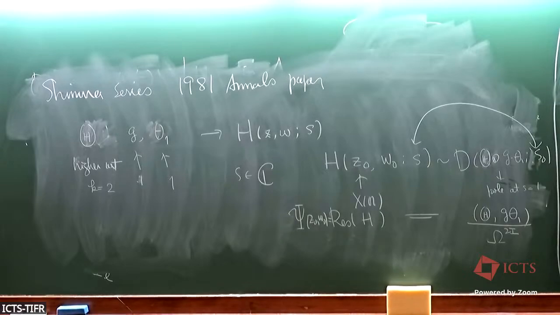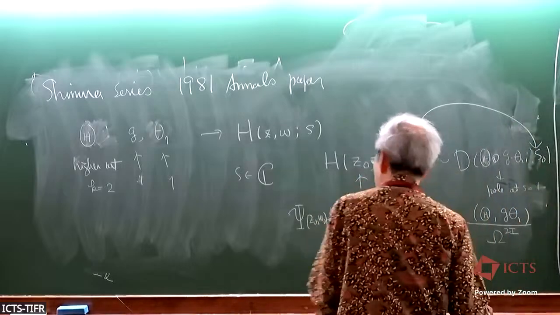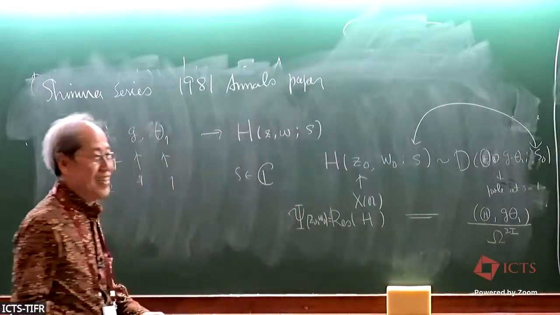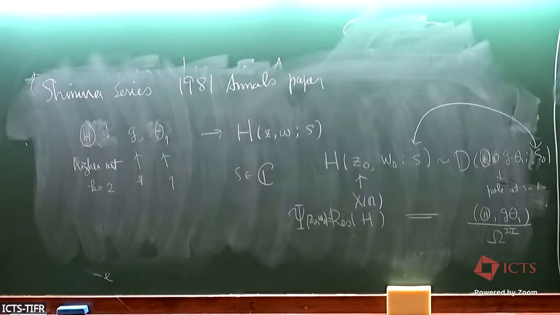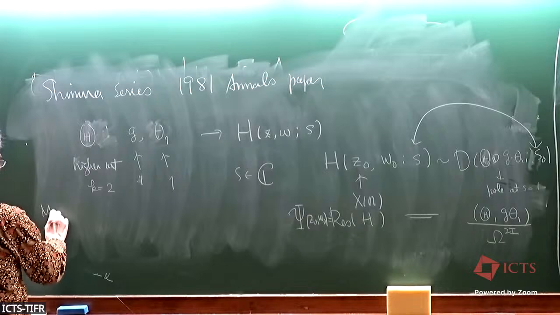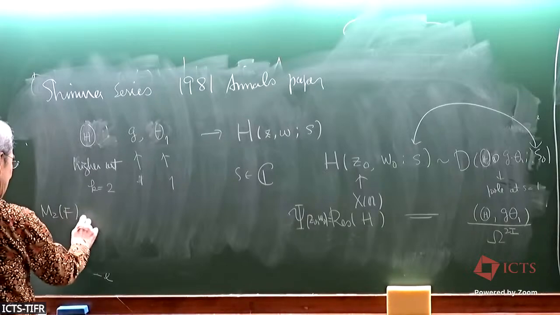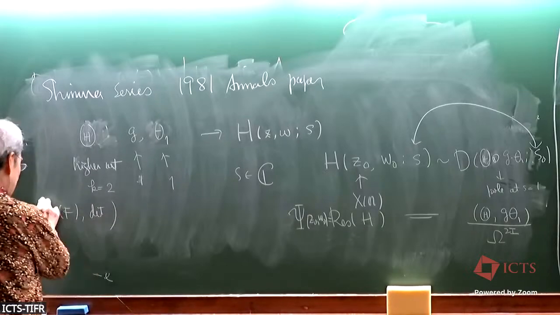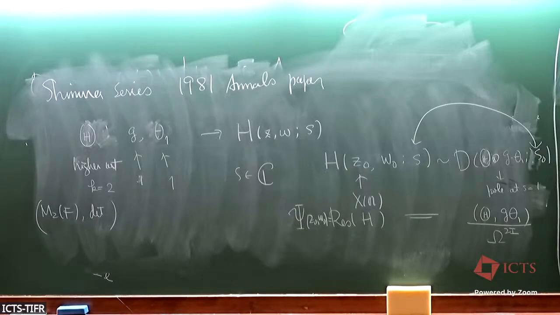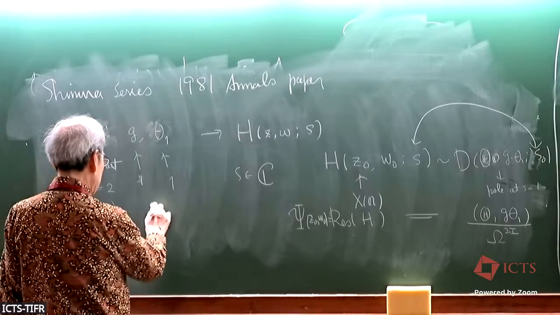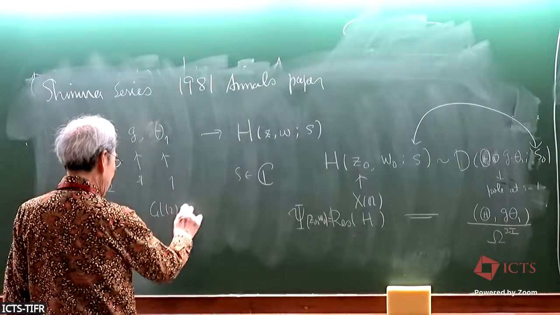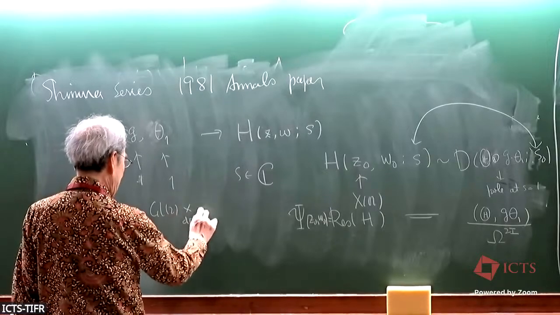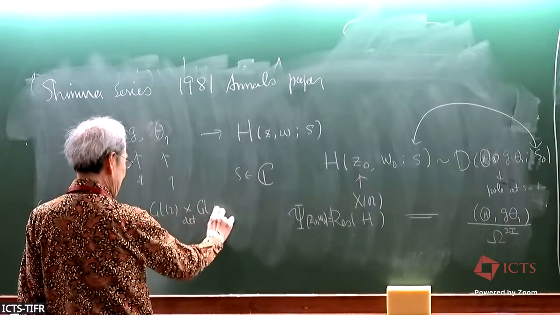As I said, Shimura created this. Perhaps you remember the lecture or the Ben Howard lecture or something, where you consider M2(F) and the determinant as a quadratic form. Then its similitude group is GL2 times GL2, a fiber product over the determinant.